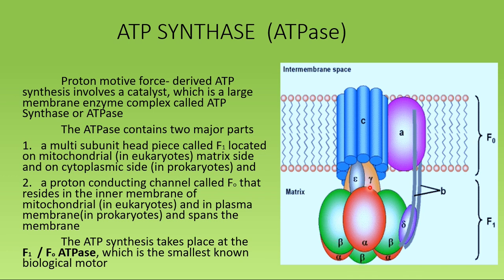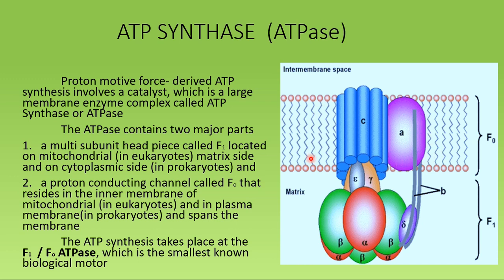Then we have gamma 1, epsilon 1 and delta 1. So 5 polypeptide units: alpha, beta, gamma, epsilon and delta. Alpha are 3 in number, beta are 3 in number, and you have epsilon 1, gamma 1 and delta 1. Then coming to our next part, that is F naught.